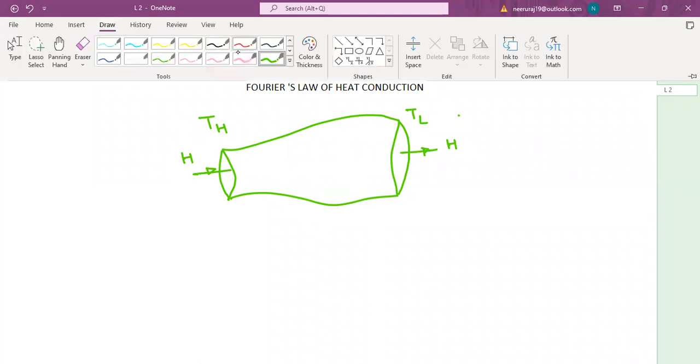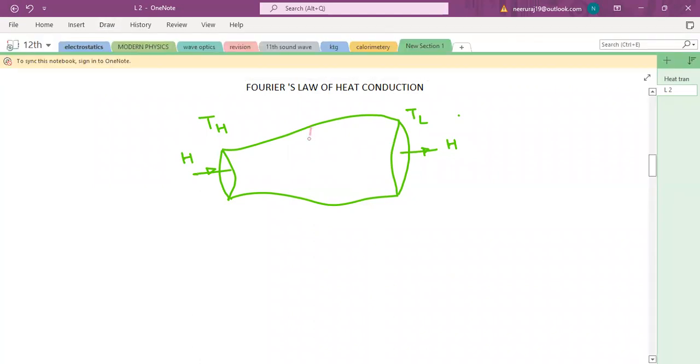I want to write down the heat current in any cross section. Suppose temperature here is T and here is T plus dT, and the thickness of this part is dx.